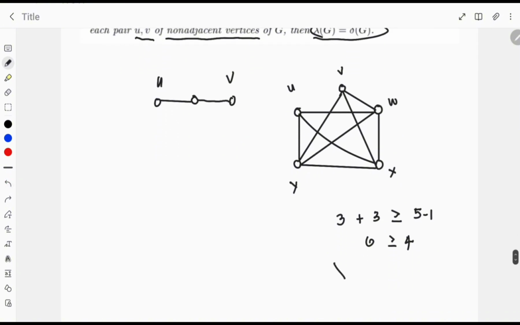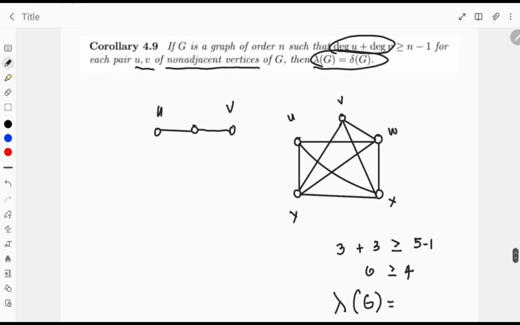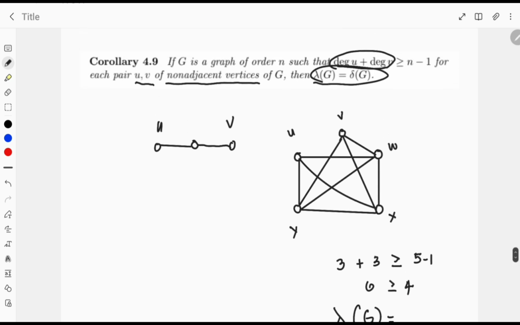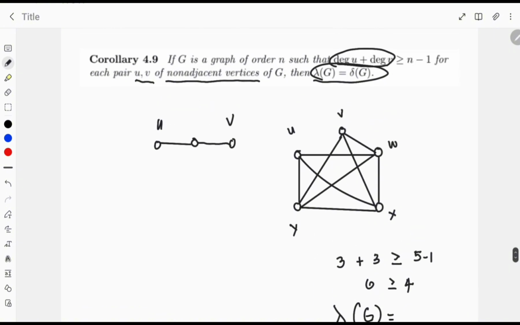So here our delta of G is equal to 3, we can remove here to disconnect the graph. So we can make a disconnected graph by just removing 2 edges, because the minimum degree of a vertex is 3.